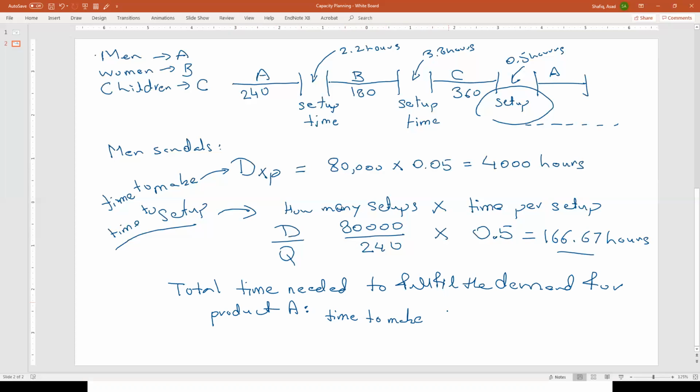Total time to make the product plus total time to set up the machine for making the product. So time to make, as we just estimated, is 4,000. So we need 4,000 hours to make 80,000 pairs of men's sandals, and the time to set up is 166.67. So this, as you can see, will come out to be 4166.67 hours.